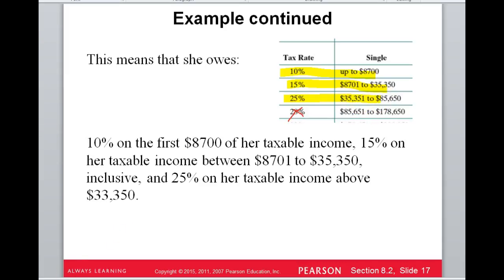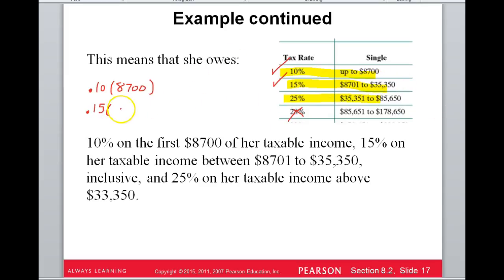Because she falls in this third group, we're going to be able to use all of these first two groups, and then just part of this last group. So we're going to get 10% of that first $8,700. 10% as a decimal is that, and we're going to get all $8,700 in that first group. And then in the second group, we're going to multiply by 15%, and we're going to get all of this as well.